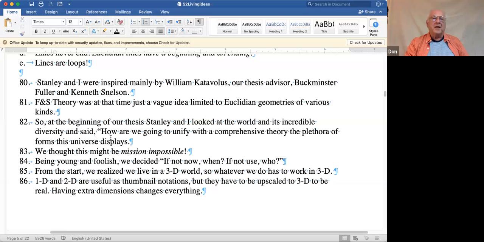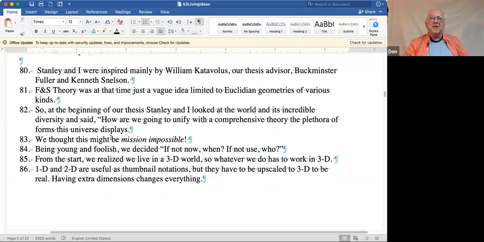Stanley and I were inspired mainly by William Katavolos, our thesis advisor, Buckminster Fuller, and Kenneth Snelson, all of whom we met. Field structure theory was at the time just a vague idea limited to Euclidean geometries of various kinds.